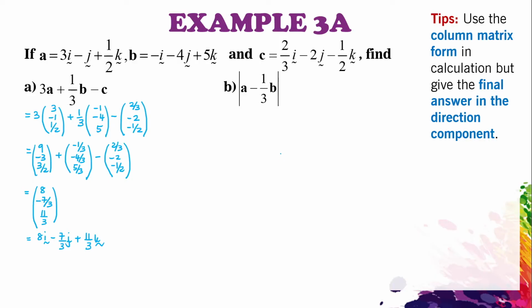Okay, part B. We have to find the magnitude of a minus 1 over 3 b. So first of all, we have to find a minus 1 over 3 b.